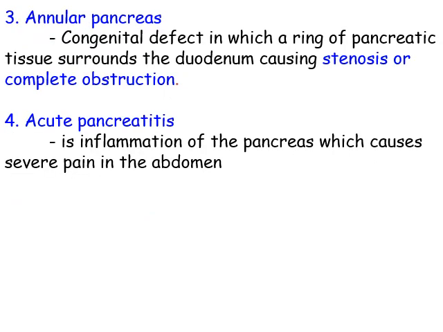Number three, annular pancreas. So annular pancreas is a congenital defect. You will know the development of the GI system.